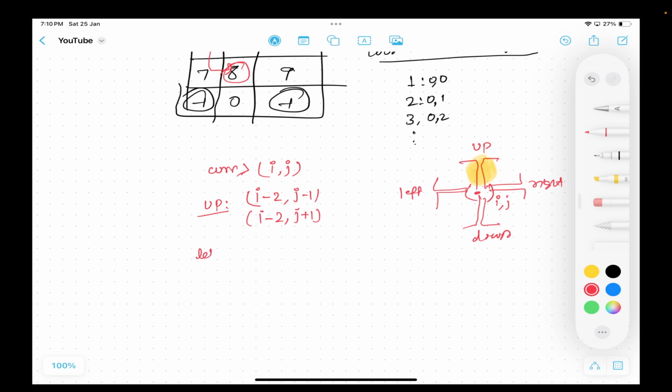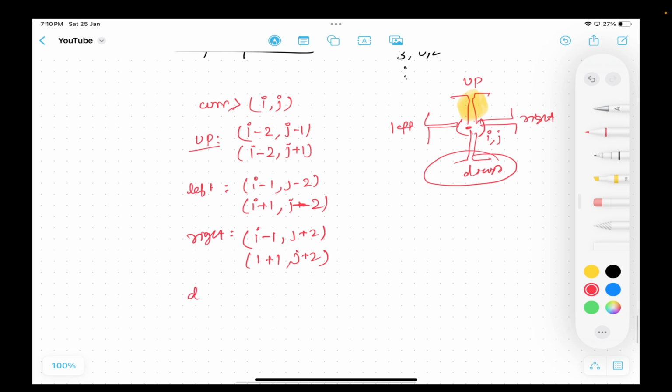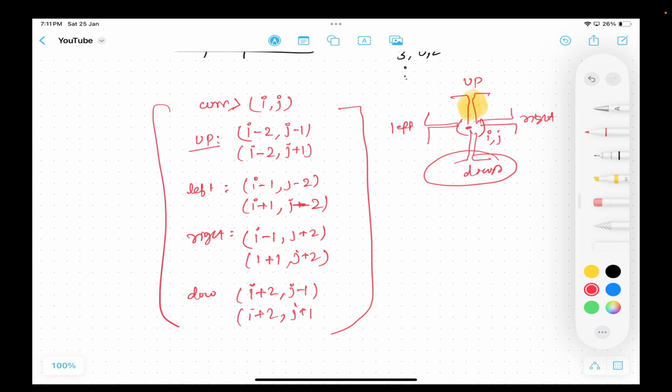For left, you have I minus 1, J minus 2, and I plus 1, J minus 2. For right, it's I minus 1, J plus 2, and I plus 1, J plus 2. And for down, it's I plus 2, J minus 1, and I plus 2, J plus 1. These are a total of 8 possibilities.